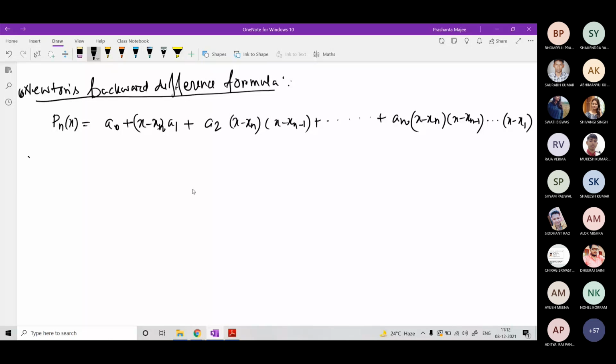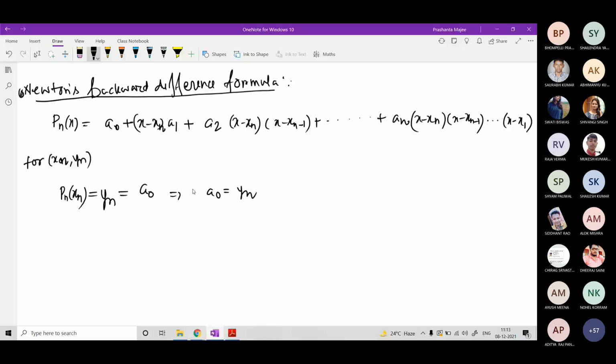What will happen if the polynomial passes through (xn, yn)? What is Pn(xn)? Put x equals xn in the polynomial. Pn(xn) is a0. This is yn, which is a0 from the formula. So you are getting a0 equals yn.